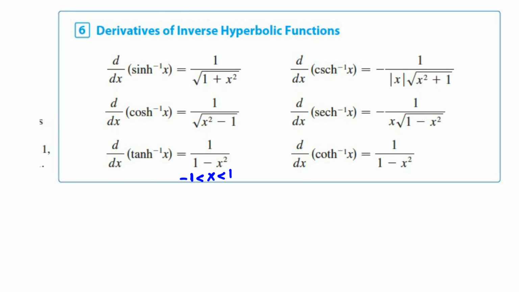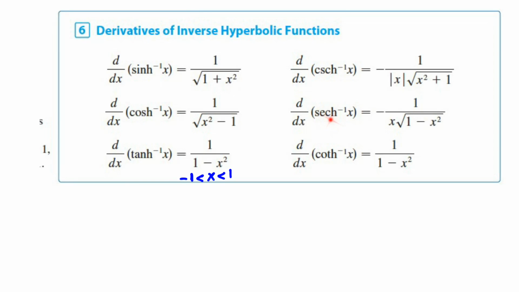By finding csch inverse of x as a function of ln and taking the derivative, we can find the derivative of csch inverse of x and see it is negative 1 over absolute value of x times square root of 1 plus x^2 when x is a real number.